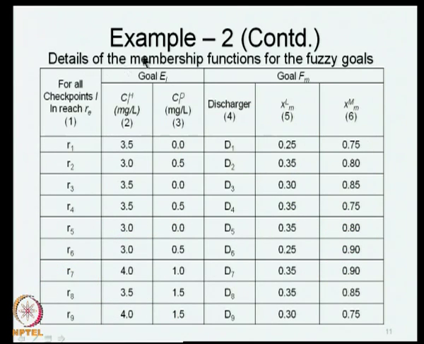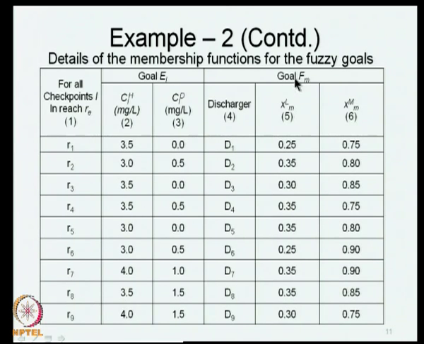So, that is what is given here. At each reach R1 to R9, we have CLH as well as CLD: 3.5, 0, 3.0, 5.5 and so on. Similarly, at each of the dischargers D1 to D9, we have the lower limit as well as the higher limit of the treatment levels.